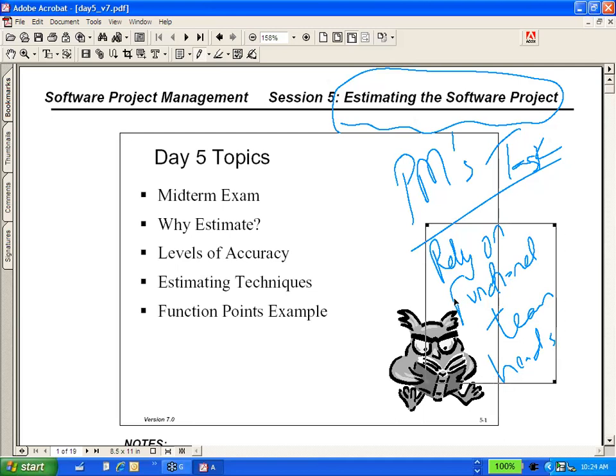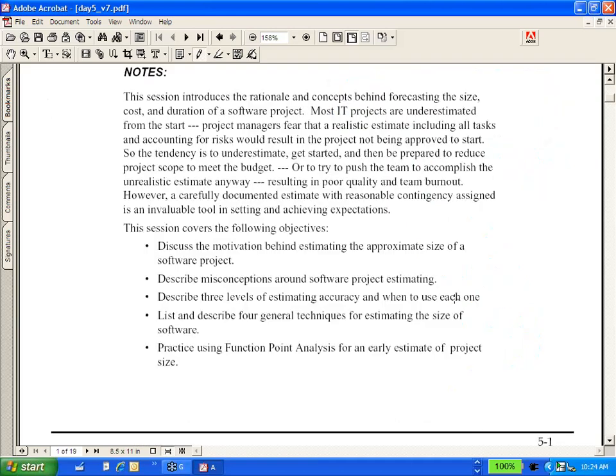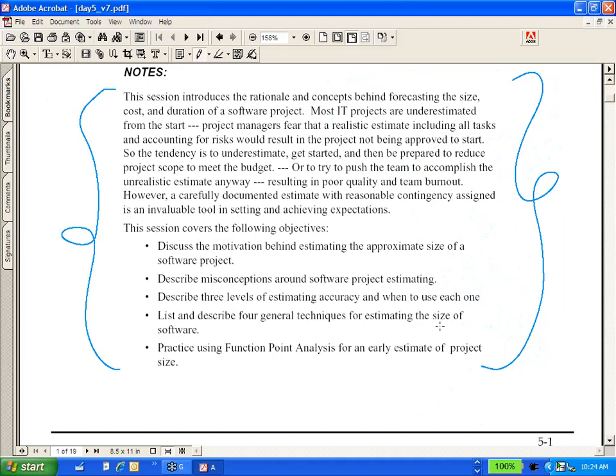You are just a project manager, because again, the day one slide says project management means not doing the project, but ensuring the project gets done. The same thing, you have to rely on the other functions. Very good monologues, very nice opening statements of this chapter, right? Most IT projects are underestimated from the start.